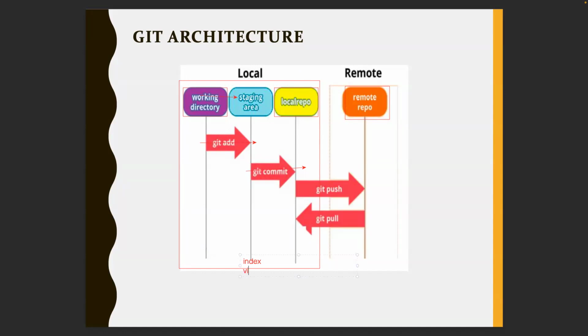From the staging area only you can move to local, and from local you have to move to remote. It's like 3 steps before your changes go to remote: from working directory to staging area, from staging area to local repository, and from local repository to remote repository. These are the 3 steps of how your changes progress, and this is called the Git tree.